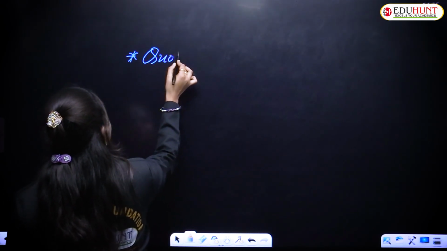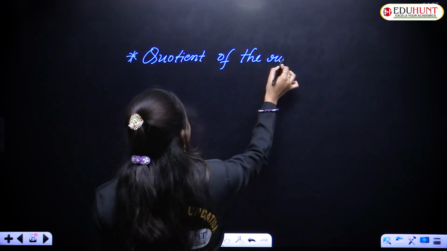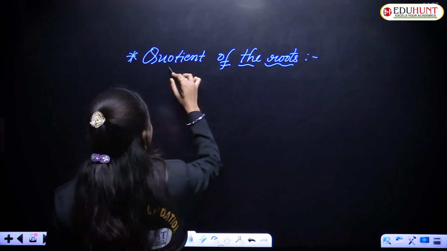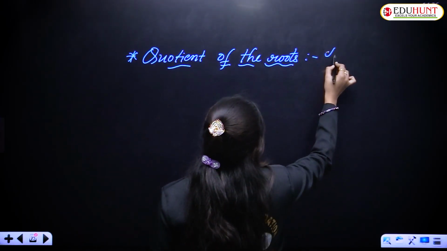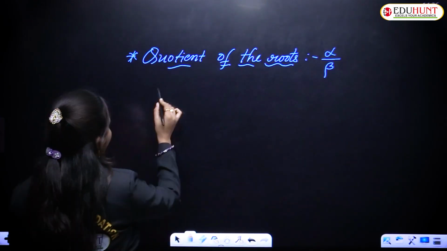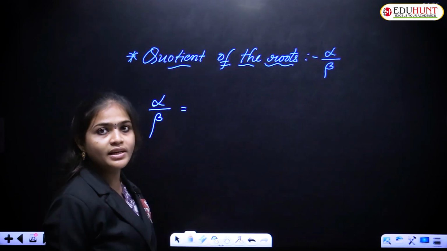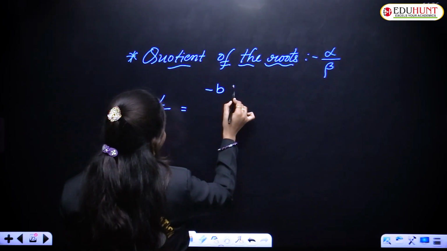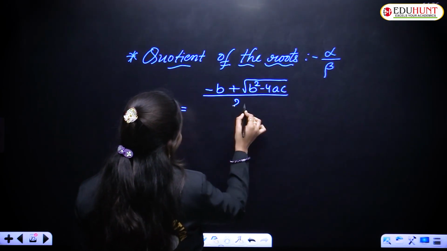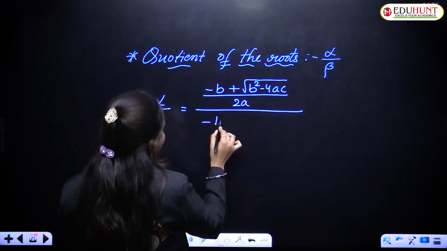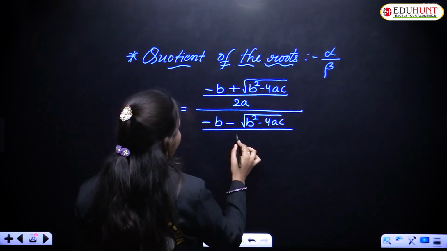So quotient of the roots. Quotient means division. So quotient of the roots means alpha by beta. So alpha by beta is equal to, what is the formula, (minus b plus square root of b square minus 4ac) by 2a, whole by (minus b minus square root of b square minus 4ac) by 2a.